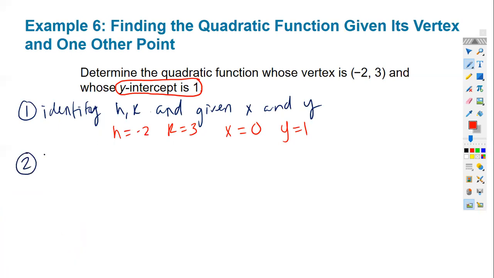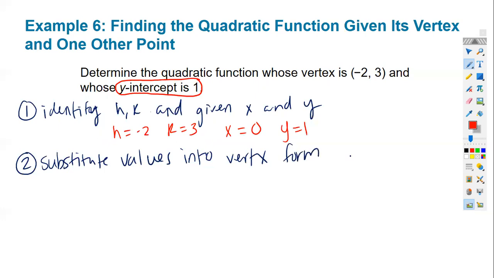After you identify, you're going to substitute values into vertex form. So again, vertex form is y equals a times (x minus h) squared plus k. So we're going to substitute all the values we have into the vertex form.